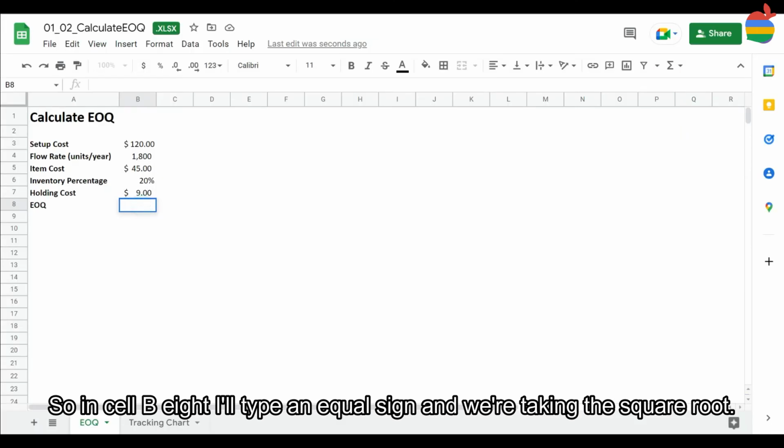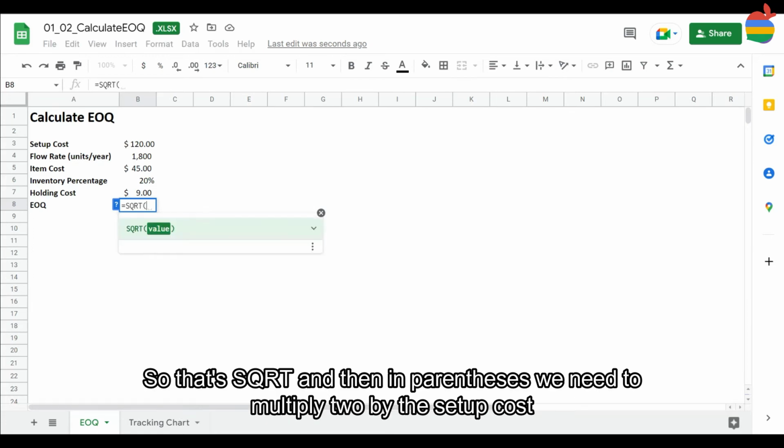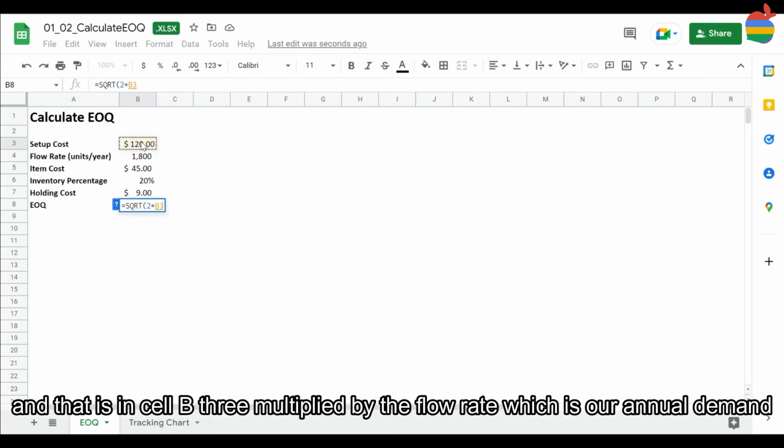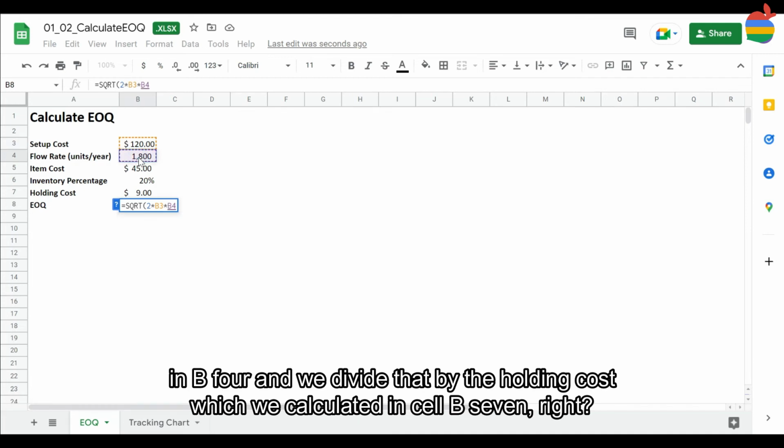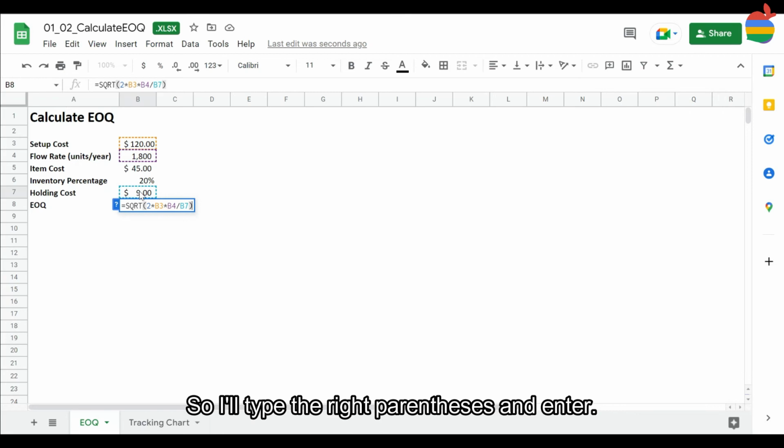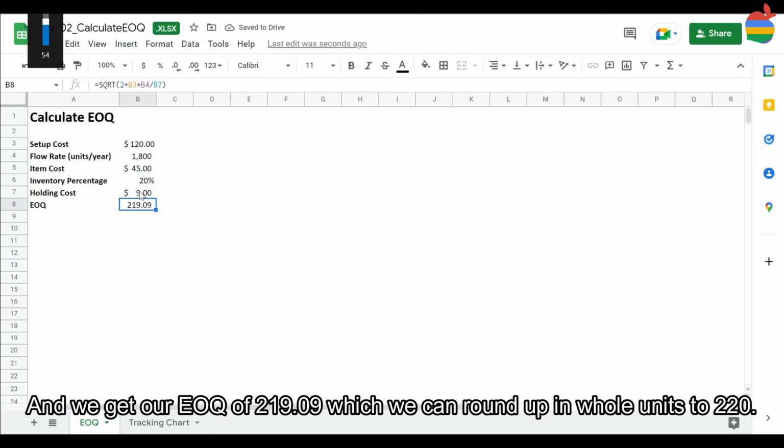So in cell B8, I will type an equal sign and we are taking the square root, so SQRT, and then in parameters, we need to multiply 2 by the setup cost, that's in cell B3, multiplied by the flow rate, which is our annual demand in B4, and we divide that by the holding cost, which we calculated in cell B7. So I will type in the right parenthesis and enter, and we get our EOQ of 219.09, which we can round up to the whole units to 220.